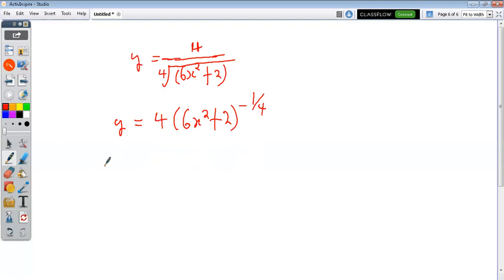That's the first step. Then we try to apply the chain rule.